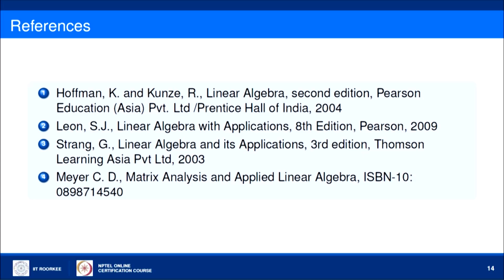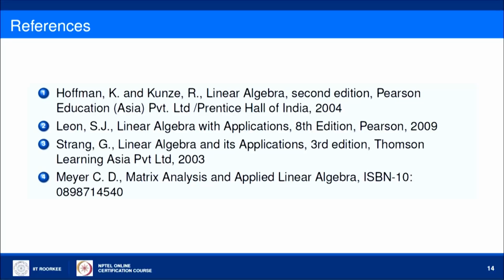So, with this I will end this lecture. In this lecture we have seen a couple of applications of the quadratic form. These are the references. Thank you very much.